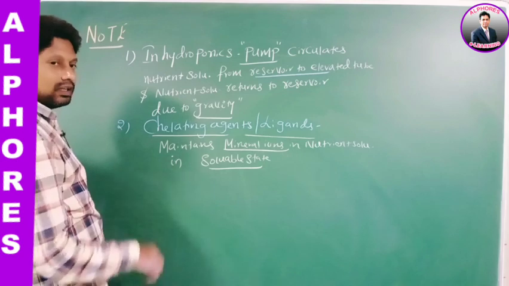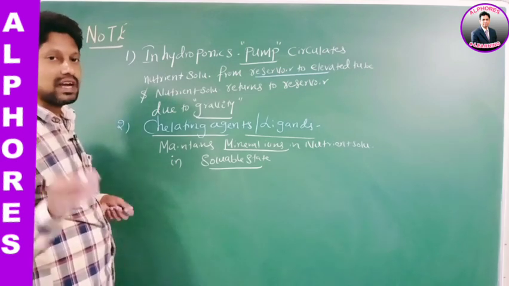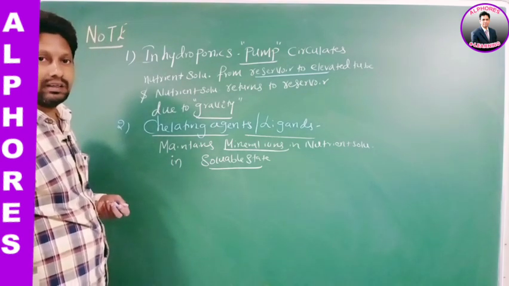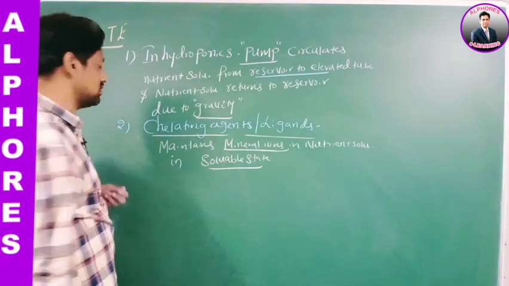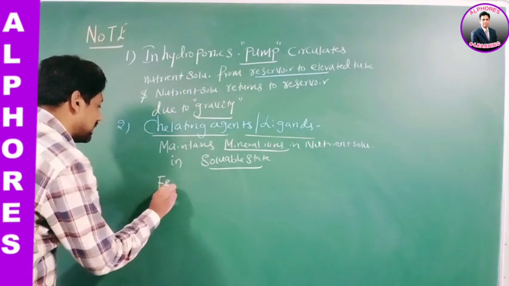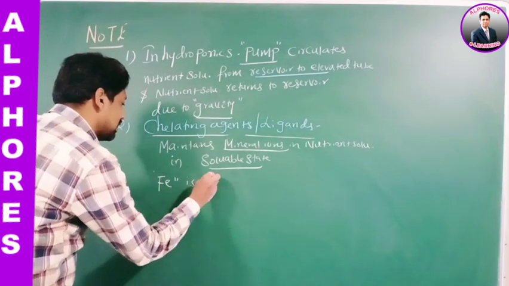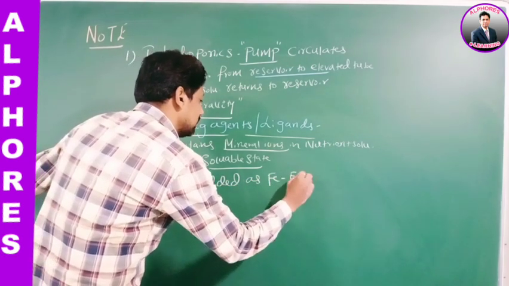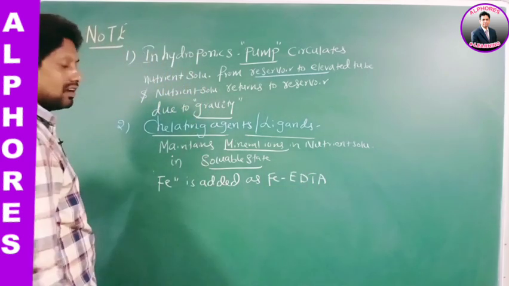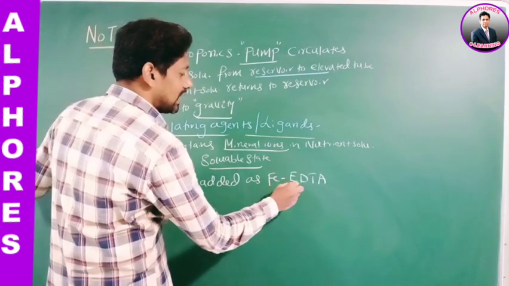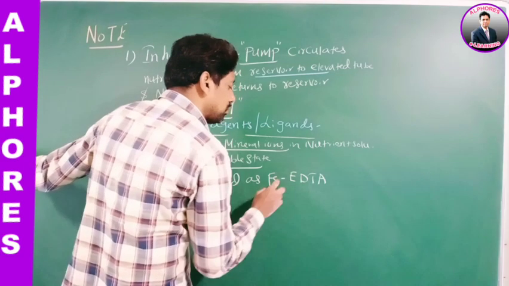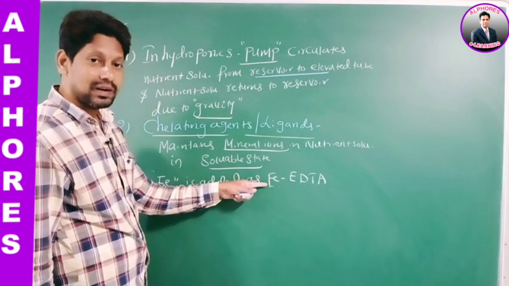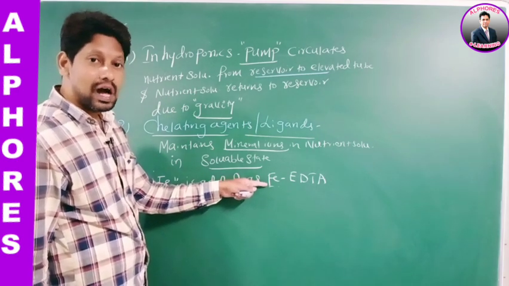Sir, in the hydroponics technique, we are adding iron in the form of iron EDTA. Therefore, iron is added as iron EDTA. Why, sir? Because if iron is added as iron EDTA, it prevents precipitation of iron at alkaline pH.